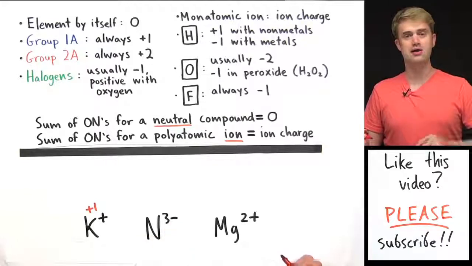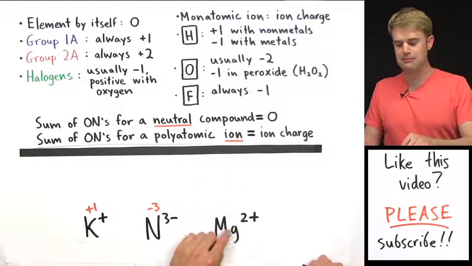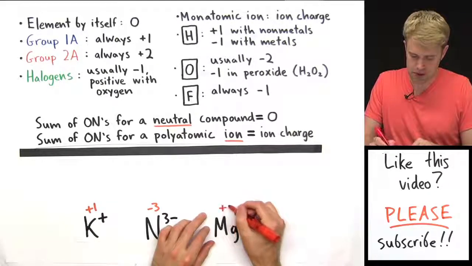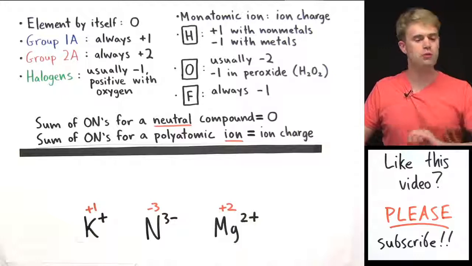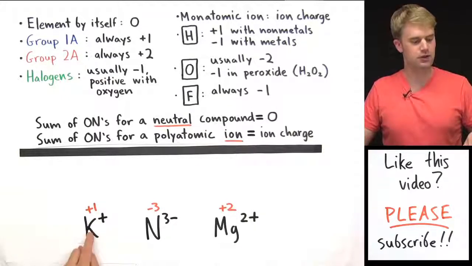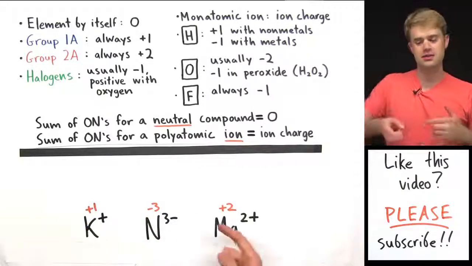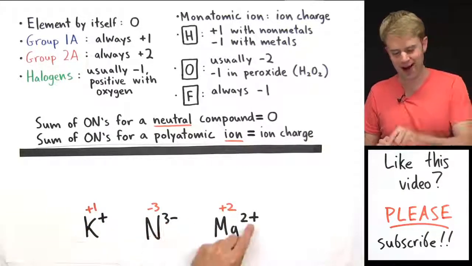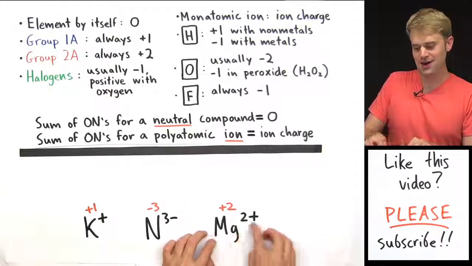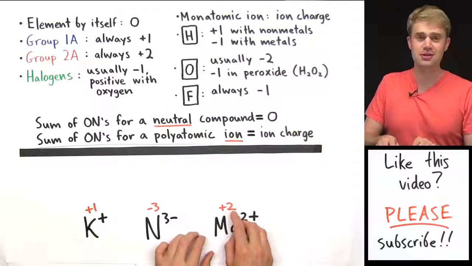For N3-, it'll have an oxidation number of -3, and Mg2+ here is going to have an oxidation number of +2. Keep this in mind: when we write oxidation numbers, we write the sign first, so plus or minus, and then the number after. This is the opposite of how we write ionic charges. The charge might be 2+ on magnesium, but the oxidation number is +2.